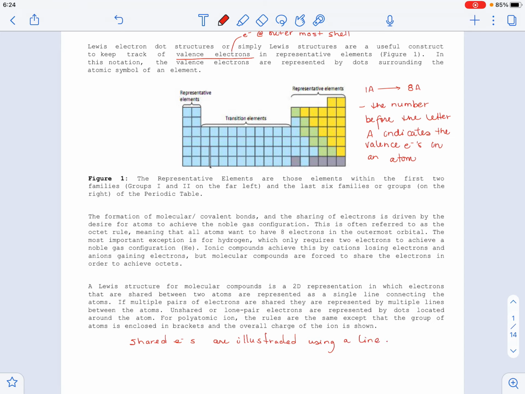Whenever you have pairs of electrons that are not shared, that is called a lone pair.